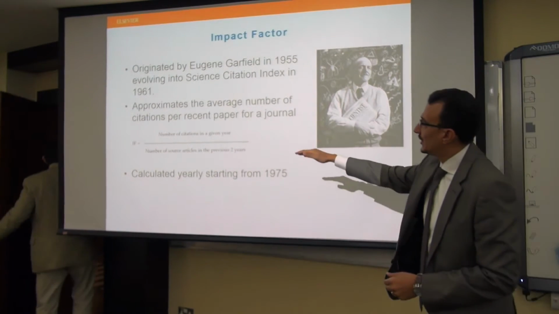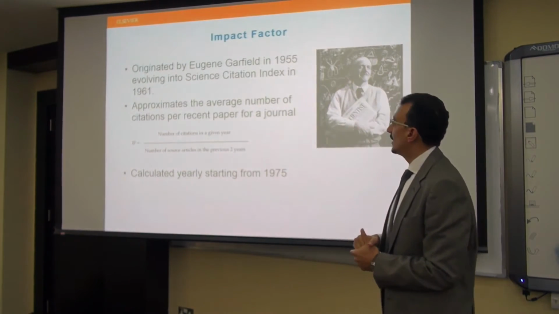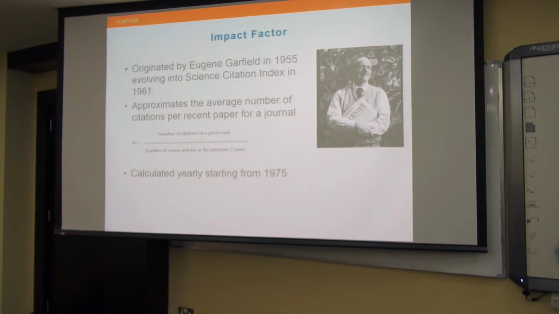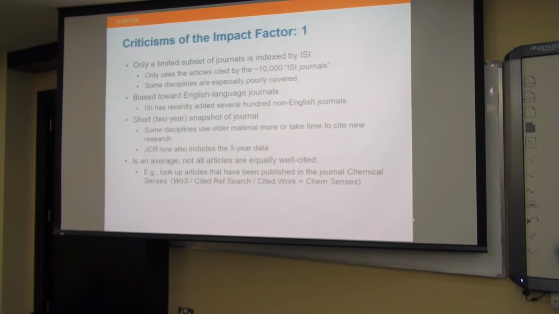It's actually the number of citations in a given year divided by the number of source articles in the previous 2 years. That's how it is calculated. So that is the information I have. The main disadvantage is that it uses only 2 years of citations, so we are not using it in Scopus. But the higher the better, in any index.